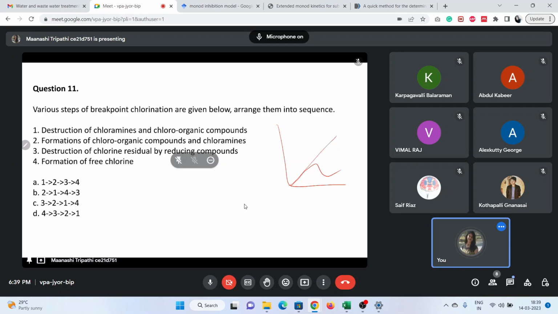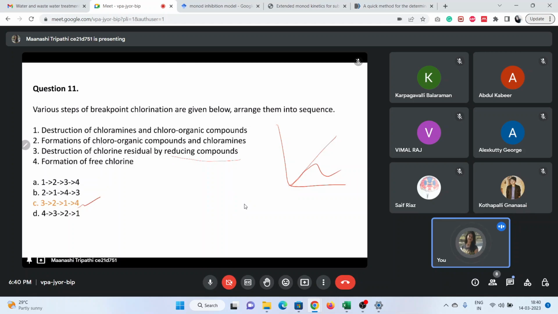Okay, since one of you has answered, we will see the solution. So it's very correct, 3, 2, 1, 4. First, destruction of chlorine residual by reducing compounds. There will be various reducing compounds that use up the chlorine and go away.